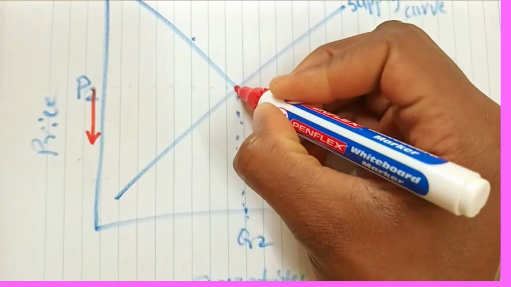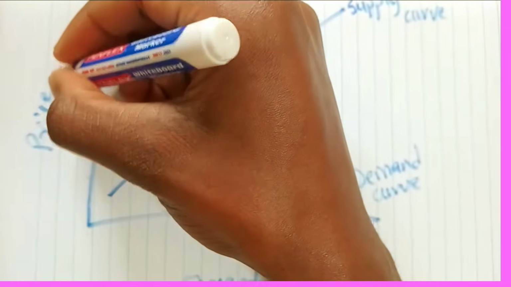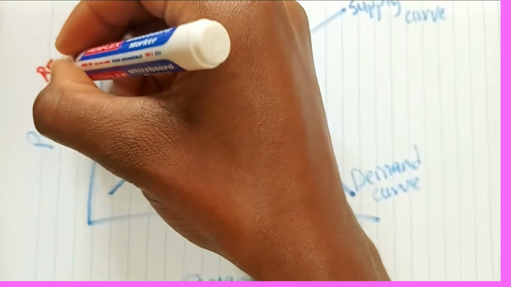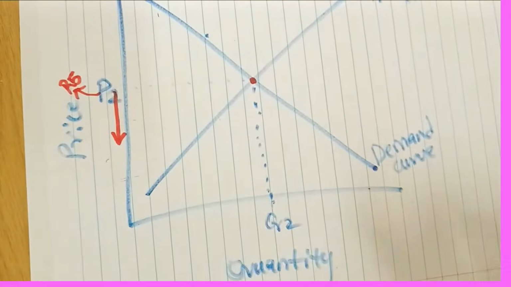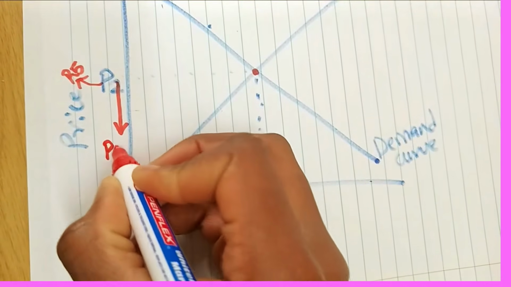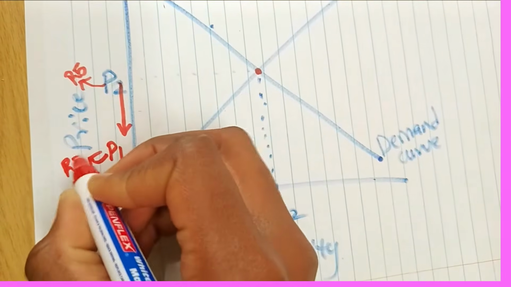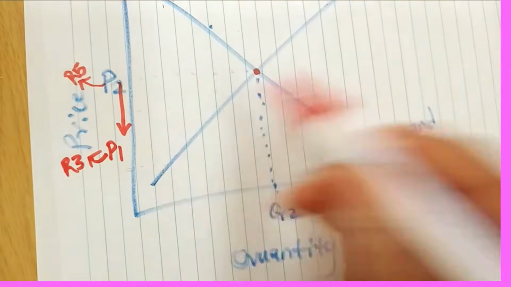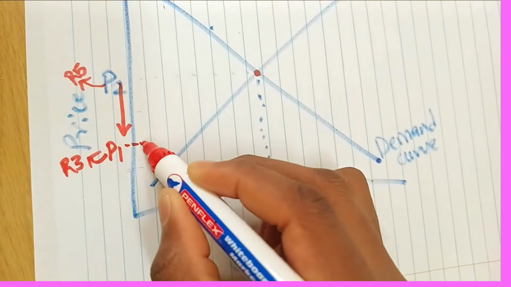This is 5 rand; we are selling for 5 rand. That is the equilibrium price. So the price decreases to P1, which is 3 rand, as we have said.